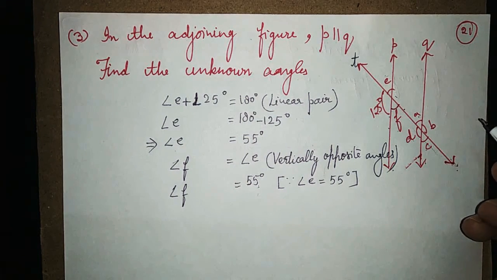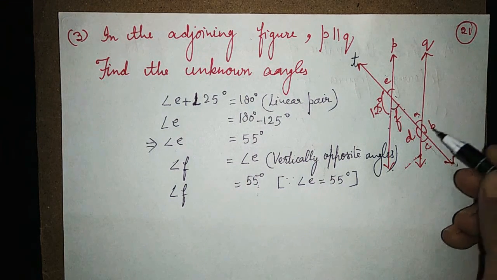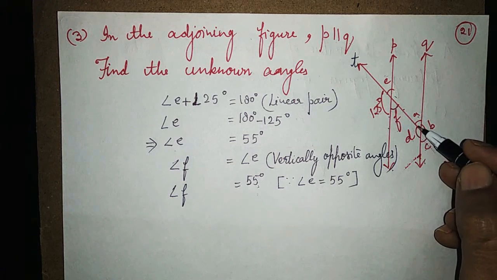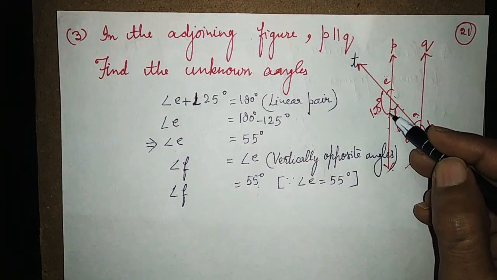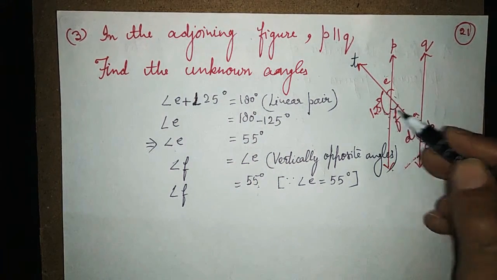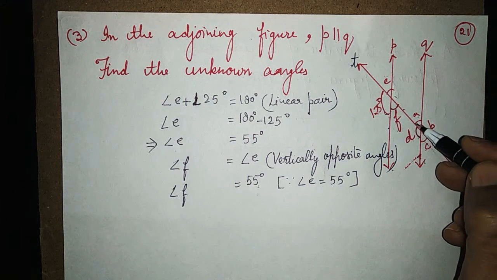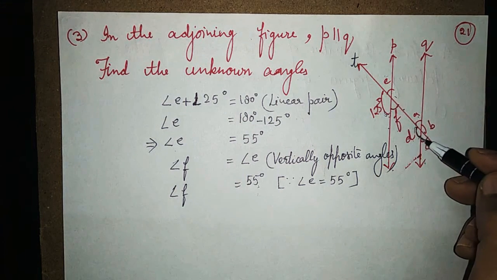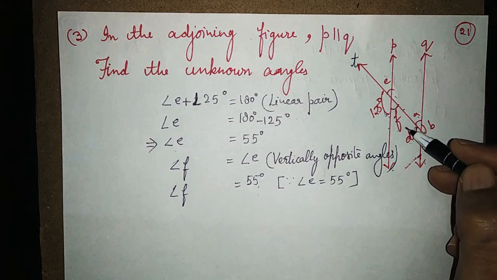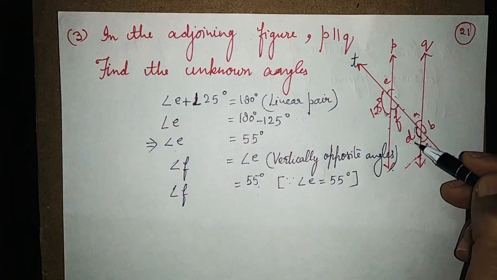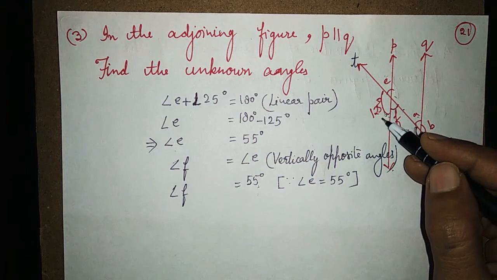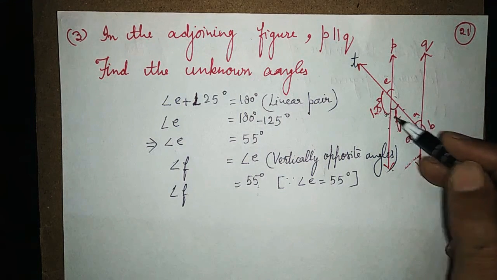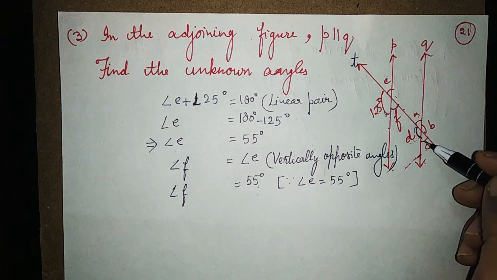Now E we have calculated, F we have calculated. Now we will find the measure of angle D. Can you tell me what is the relation between angle D and this 125 degree? They are forming corresponding angles. So the measure of angle D will be equal to 125 degree because corresponding angles are equal.